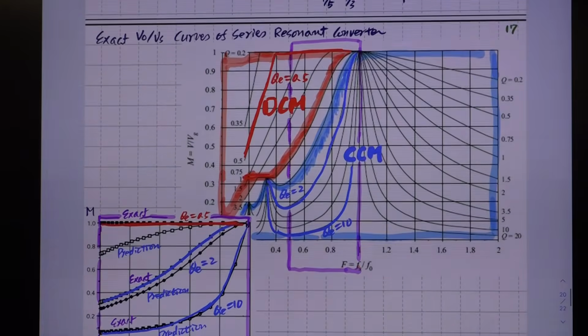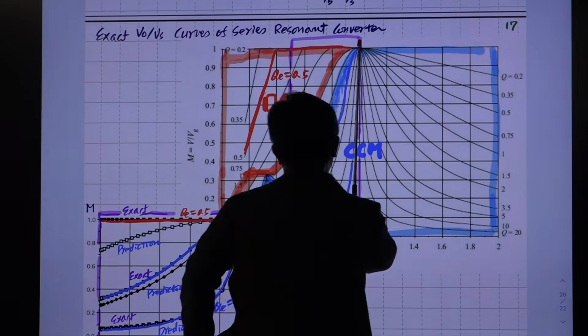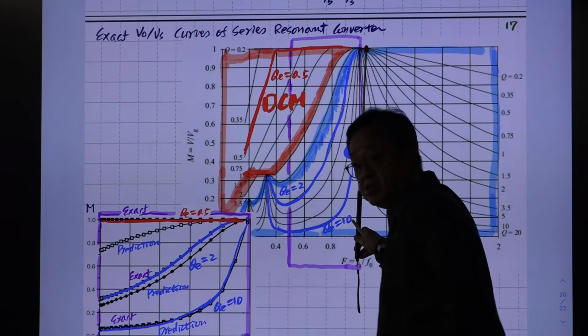Look at this. This is the curve of DC in, DC out voltage gain. This is the exact expression based on Erickson's formula. He derived the formula, maybe other people derived it, and Erickson cited that in his book. Let me show this. This is another frequency response curve.